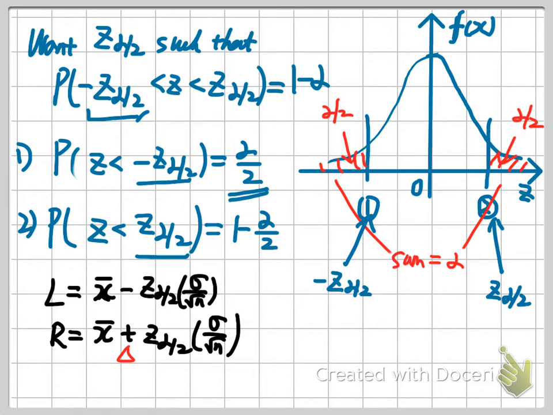Okay, now we have explained the whole process of how we can use the standard normal random variable table to help us find the left endpoint and right endpoint.